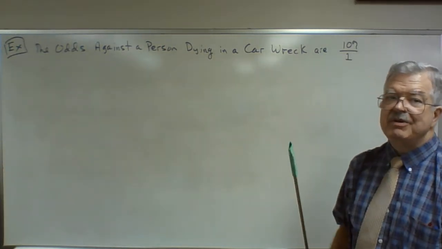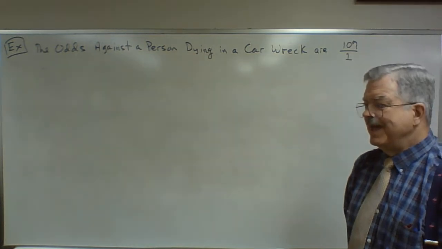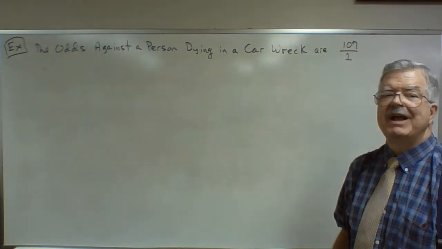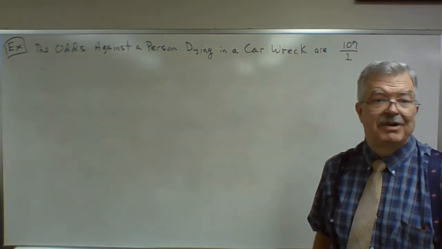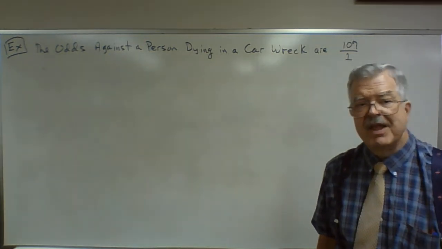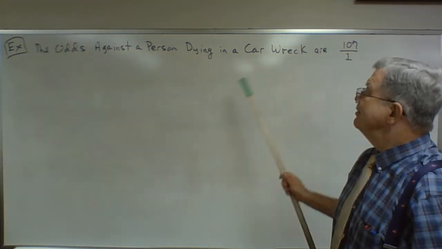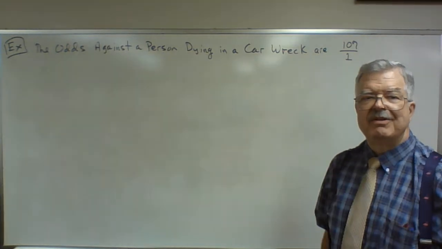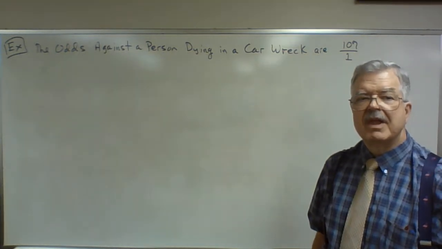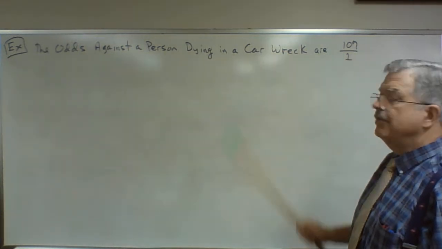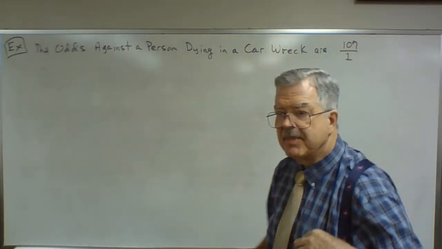Now, that doesn't mean we shouldn't be careful. And just because a person doesn't die in an auto accident doesn't mean they can't be severely injured in an auto accident either. So let's not let this lull us into a false sense of security. But let's see how they came out with these odds, okay?